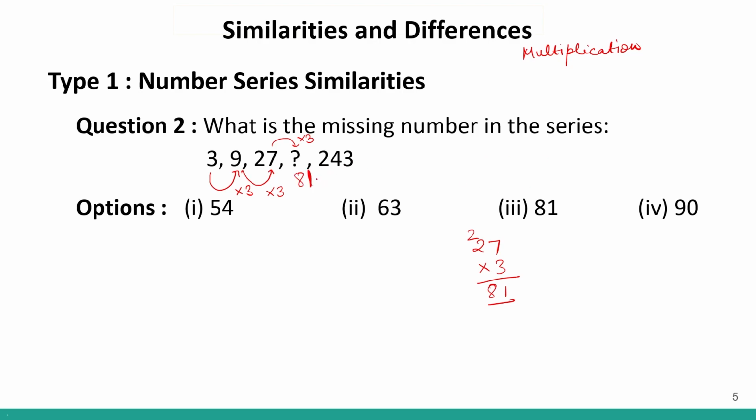Now we have to check whether multiplying 81 by 3 will give us 243. If I multiply 81 by 3, I'll get 243. So putting 81 in this position will follow the same logic with the previous term and the next term. So our answer will be option number 3, 81.